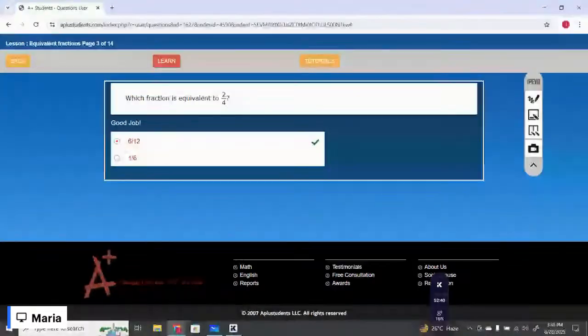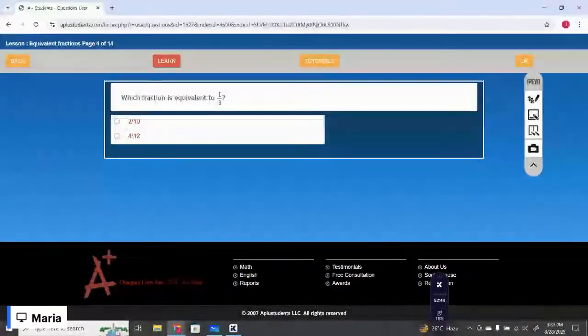Which fraction is equivalent to 1 by 3? That is 4 over 12. Option number 2 is the correct option.